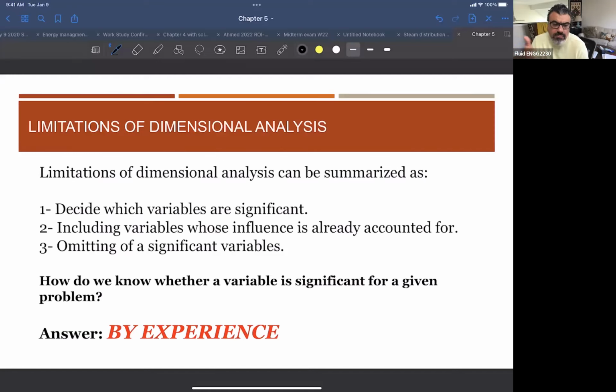For example, if flow around a corner of a river is causing erosion in this area, now you know what kind of parameter you have to select in order to study this, by looking at Froude number, for example, and other things as well.